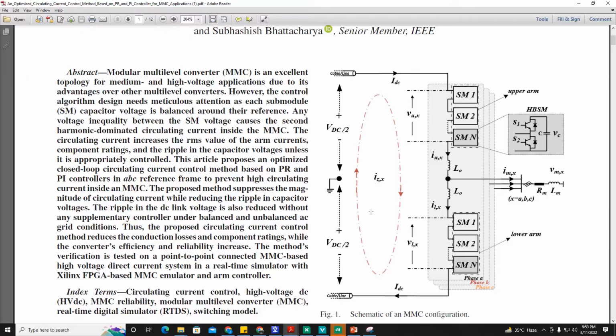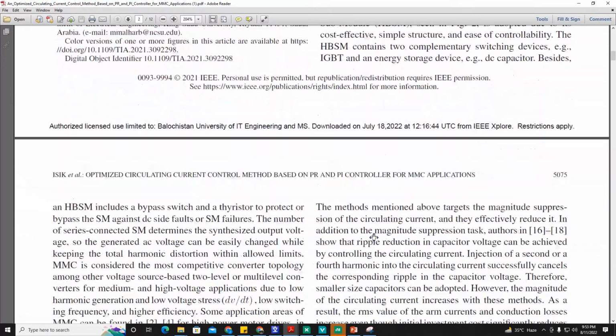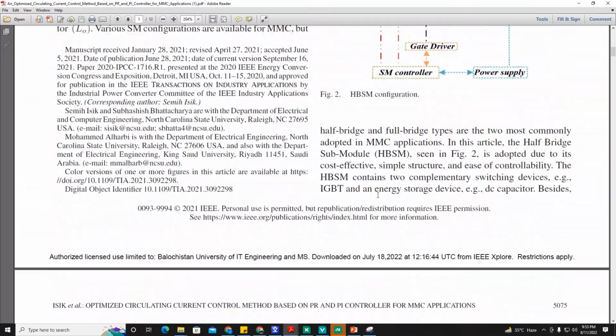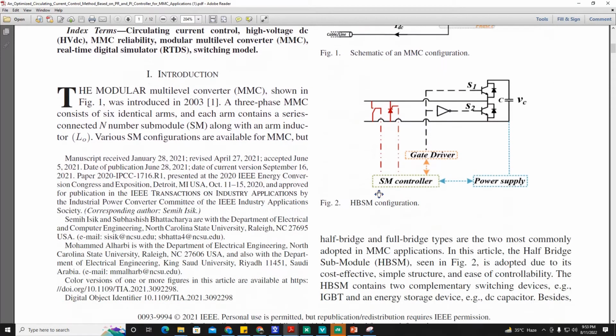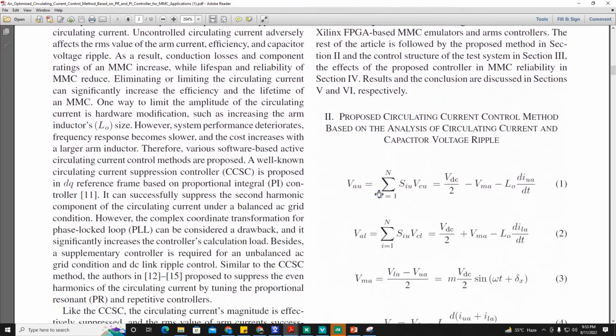So basically, let's apply KVL. It will be VDC by 2.